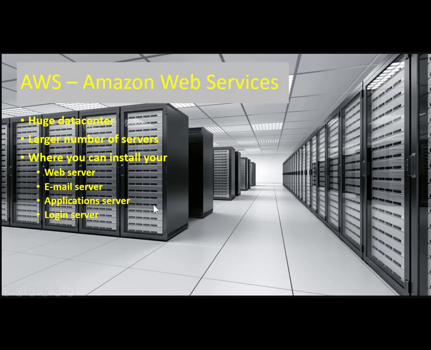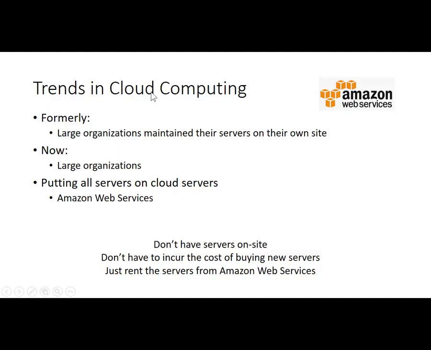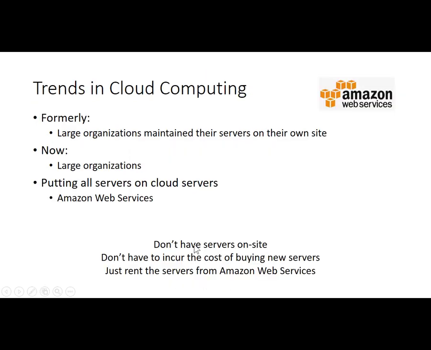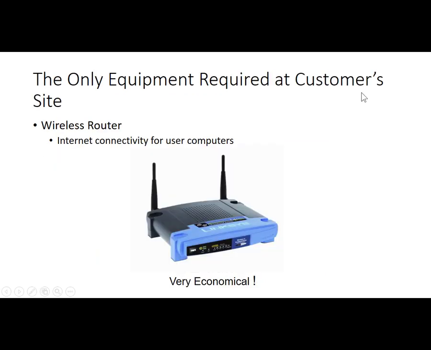Because they're up on Amazon Web Services. Many companies don't have server rooms anymore. They use the servers on Amazon Web Services, and the only thing that they need at their site is a wireless router, no data center. Very economical. So that is a summary of trends in cloud computing, and that is people are putting their servers up on Amazon Web Services.